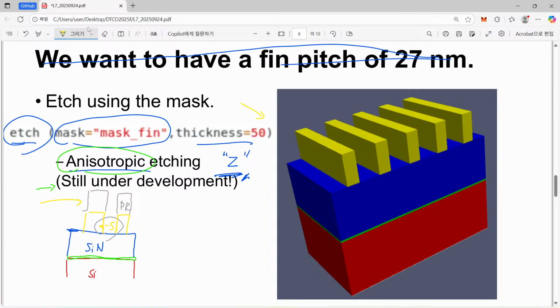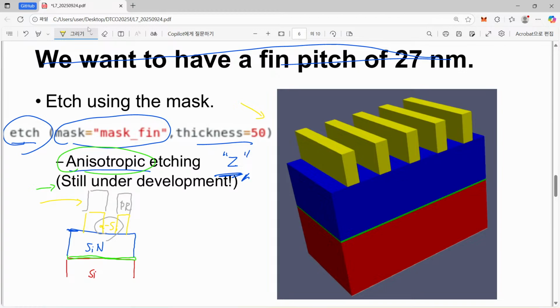Although we can say quite freely to pattern it, inside it we actually have so many internal steps. We have to do certain pre-cleaning, and after this exposure also we have to do another post-cleaning. There are tons of steps in it, but just assume that can be done by somebody, not ourselves.